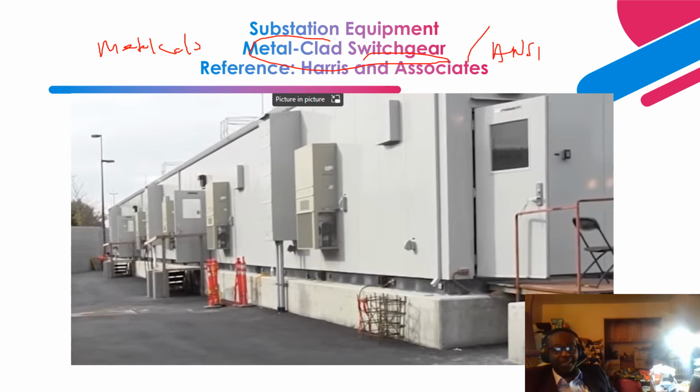Okay, so as you can see over here, the name speaks for itself. Metal clad means that basically the external is clad, right? And also inside the medium voltage switchgear, it's compartmentalized, right? And live components basically have insulation on them. They are not exposed, right?